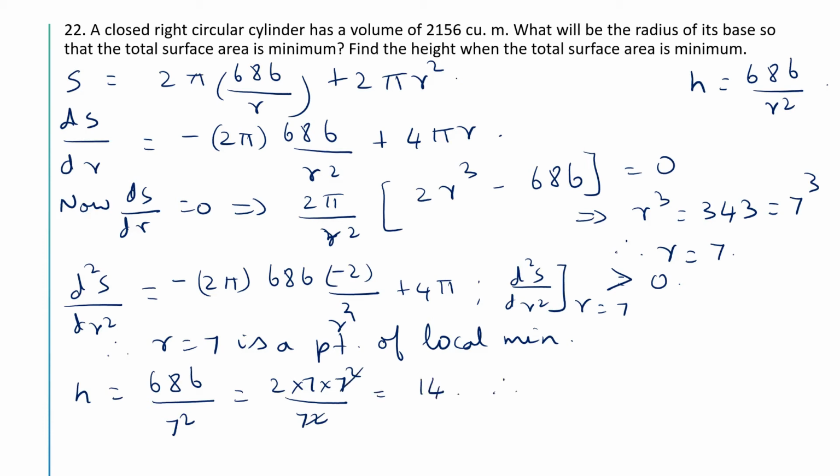Therefore, required radius equal to 7 meter and height is equal to 14 meter. Here the volume is given in cubic meter. It means the radius and height are in meters. So for minimum surface area, the required radius is 7 meter and the height is 14 meter.